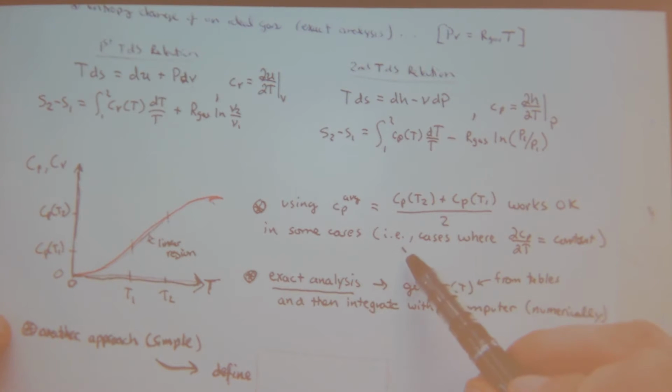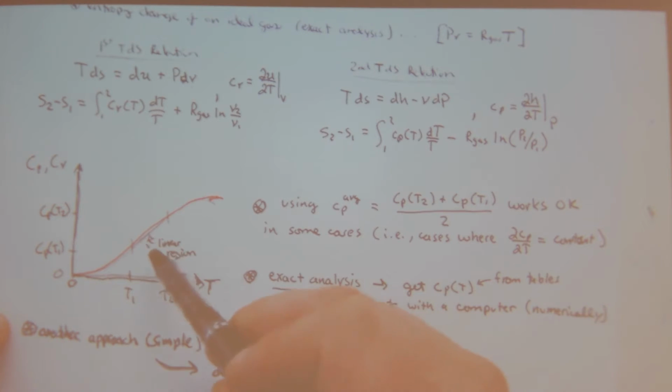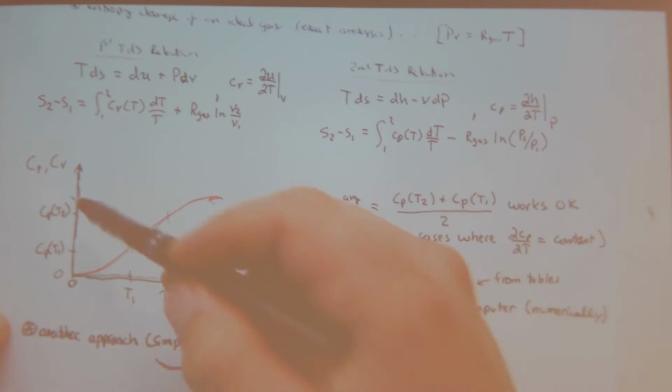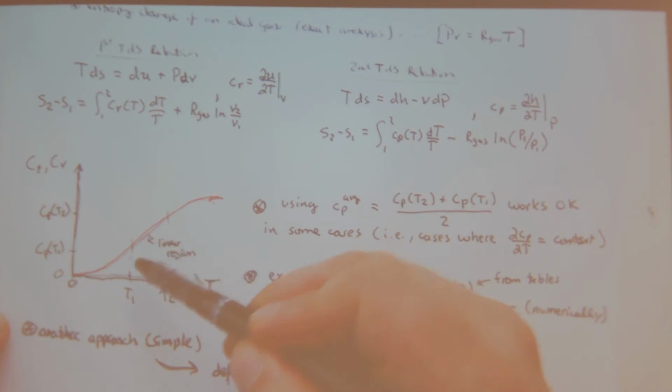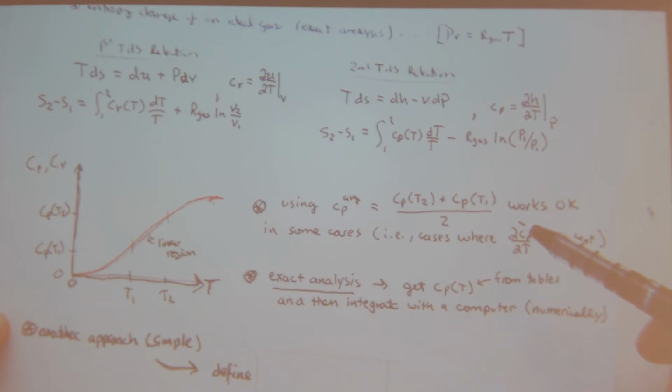It definitely works well in cases where the partial of Cp with respect to T is a constant. That just means my slope on a Cp versus T curve is constant.